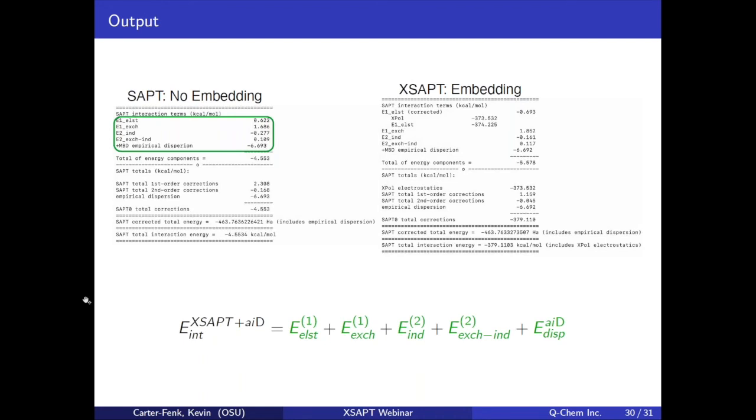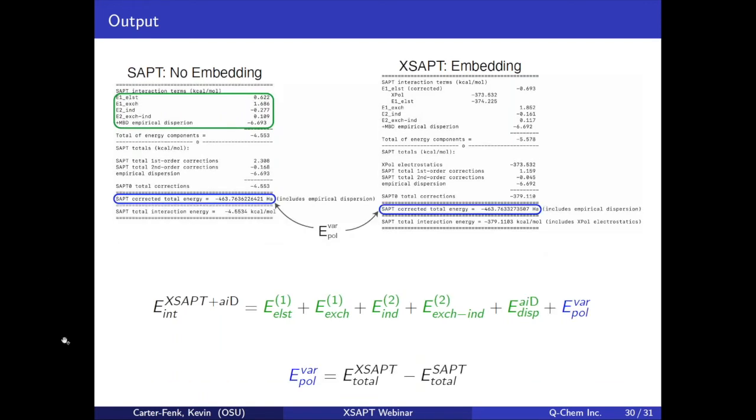And then in order to get the correction from variational polarization, we take the SAPT corrected total energy from our embedding job and subtract away the SAPT corrected total energy from the gas phase job, and that offers the corrections from variational polarization in the monomers and in the interaction potential.